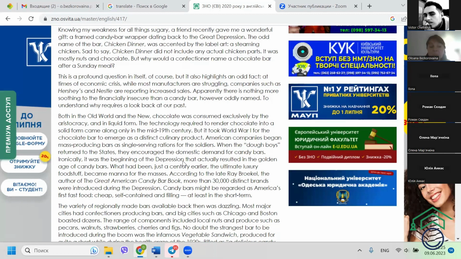Bars and a single serving carton for the soldiers. When the doughboys returned to the States, they encouraged the domestic demand for candy bars.